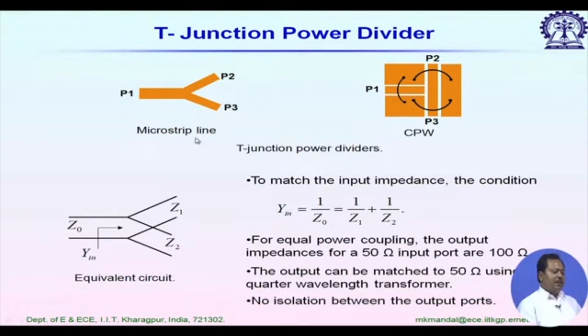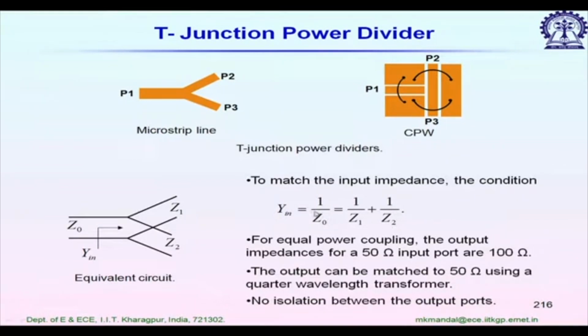Now in transmission line form, we can represent port P2 and port P3 by using two different transmission lines. The input impedance as seen by port P1 then becomes the parallel combination of the impedances of port P2 and port P3, or we can write Y in = 1/Z0 for port 1 = 1/Z1 + 1/Z2.